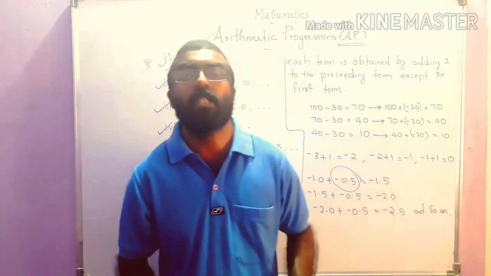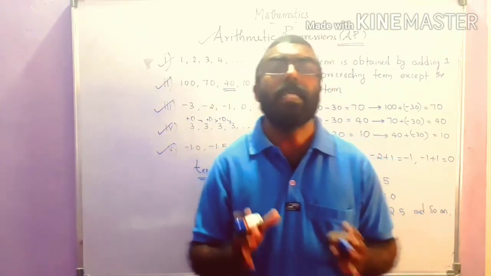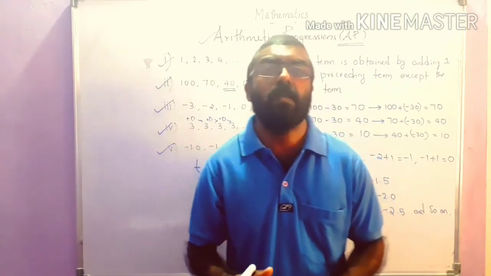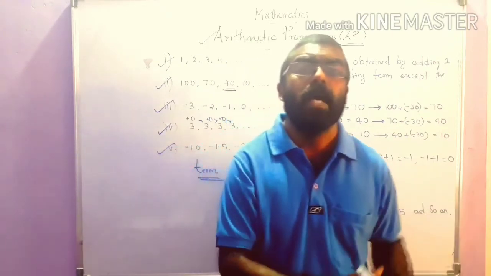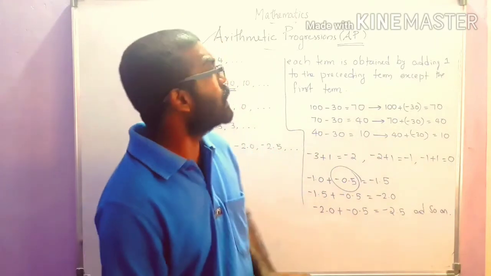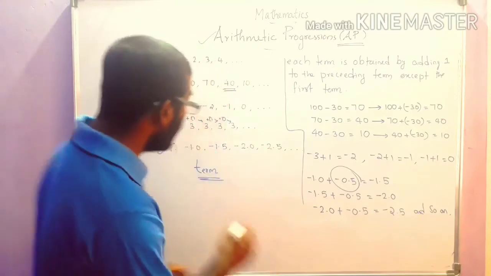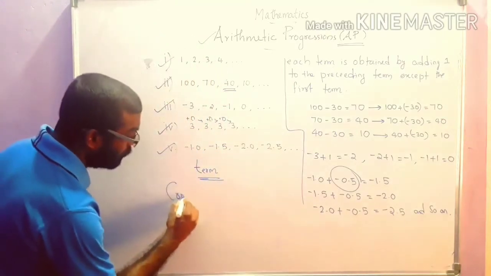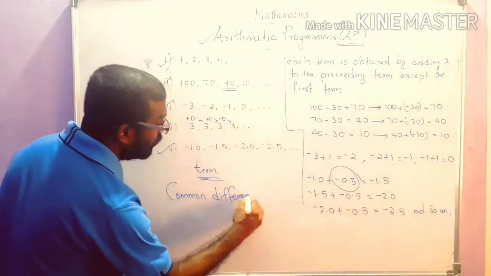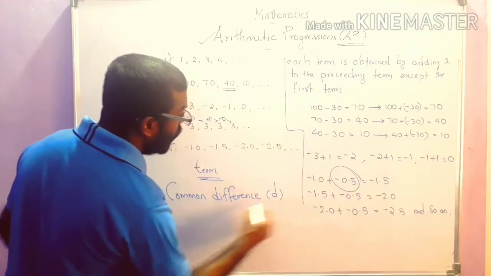Such a list of numbers is said to be an arithmetic progression, or simply AP. Okay, so we can define an arithmetic progression like this: an arithmetic progression is a list of numbers obtained by adding a fixed number to the preceding term except the first term. This fixed number is called the common difference of the AP, and it is denoted by the small letter d.